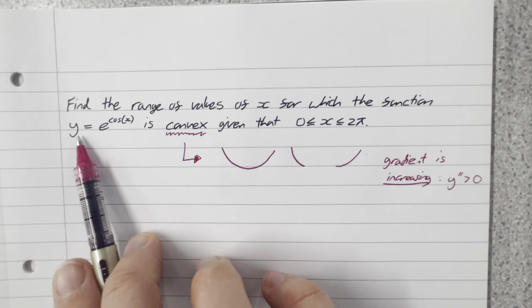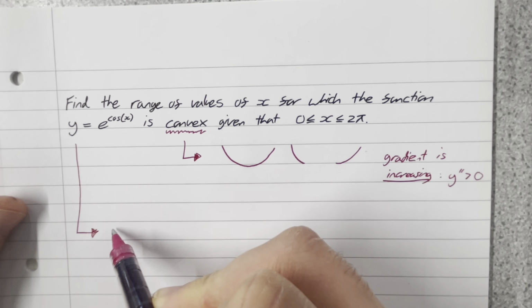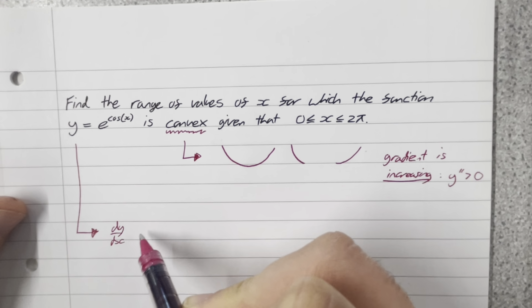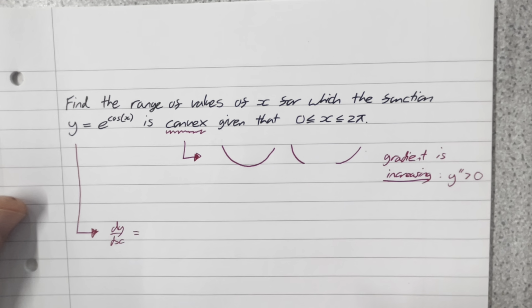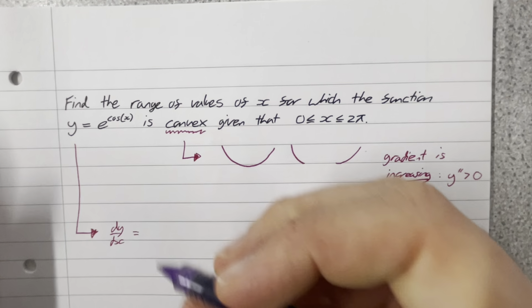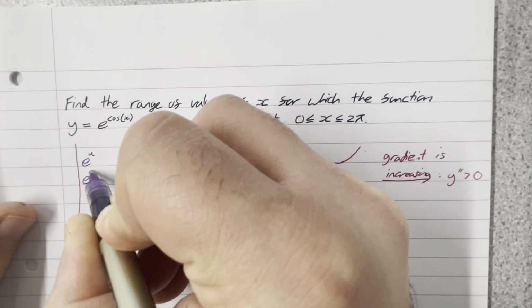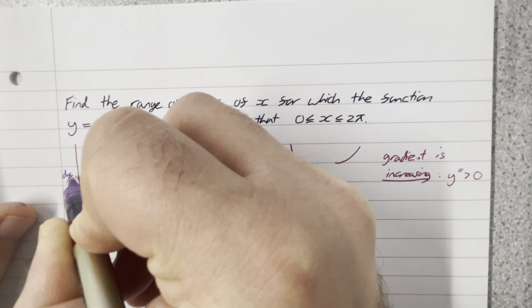So we need to differentiate this twice. So the first step is to find dy by dx. And we're going to use the chain rule. Now, once you get really good at this, you can just write the answer down, but I will break it down here. So I'm going to say e to the u. That's going to differentiate to e to the u. So that's dy by du.